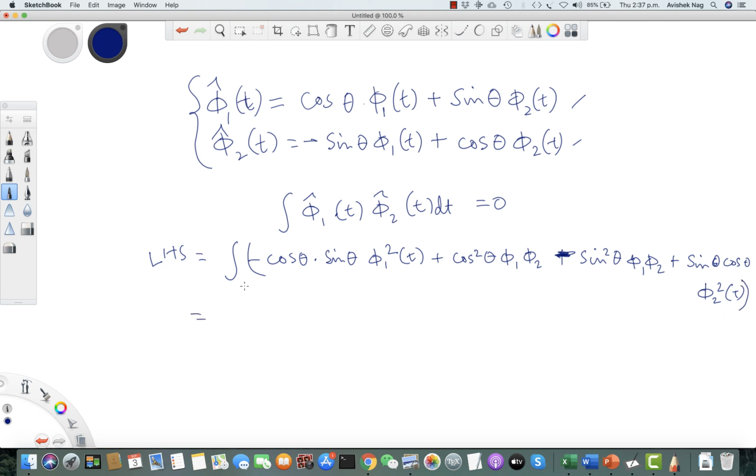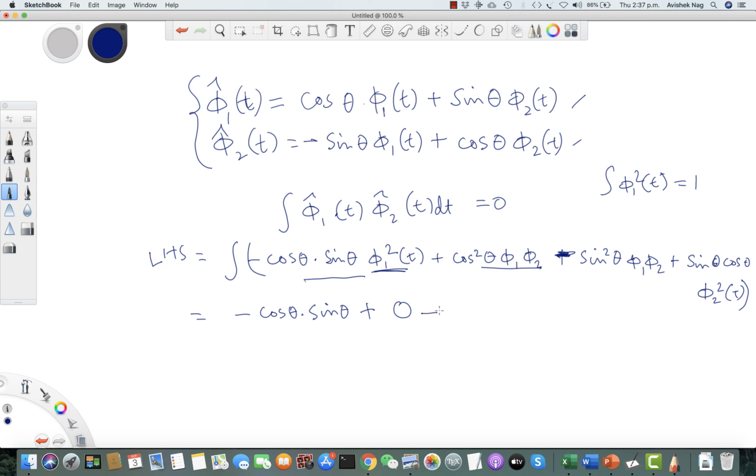So now, if you see from the property of the original set of axes, the integral of phi 1 square t is 1. So this particular term will be minus of cosine theta times sine theta, since this integral is 1 because of the orthonormality of phi 1 and phi 2. Similarly, this term will be 0 because of the orthonormality of phi 1 and phi 2.